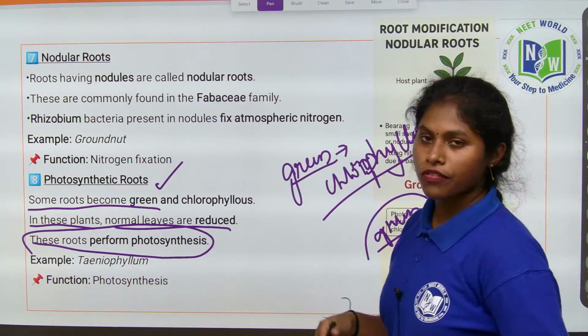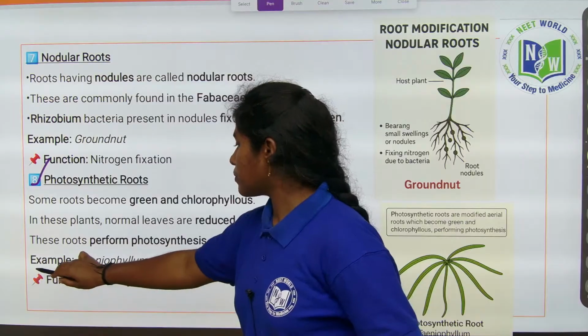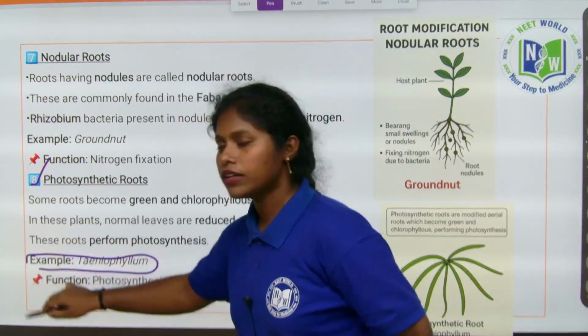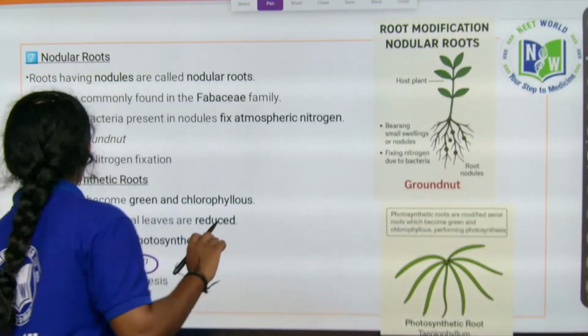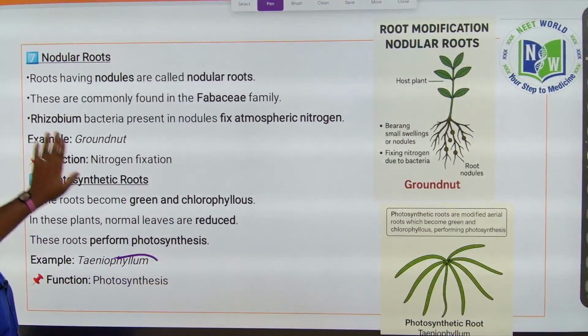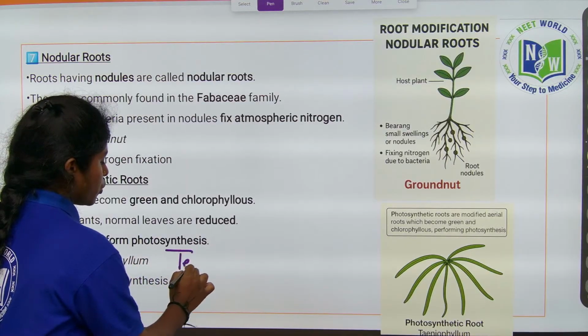What are the examples of these photosynthetic roots? Taeniophyllum. If you find this example difficult, just remember it like this. You know T, right?